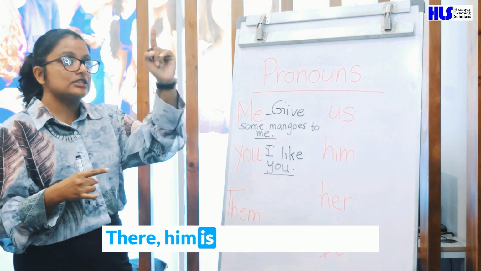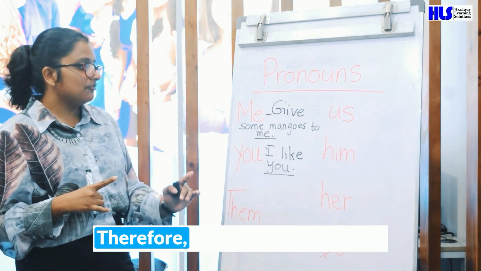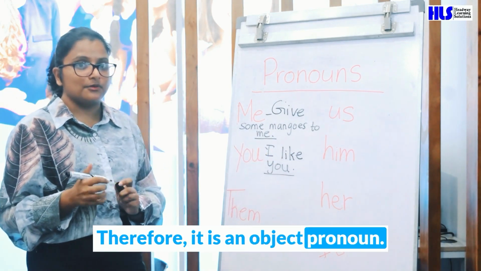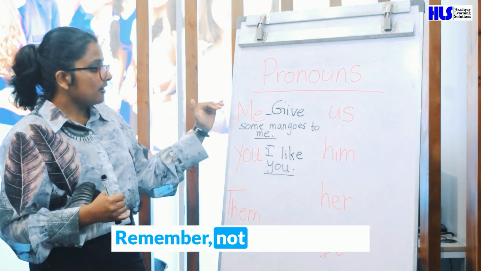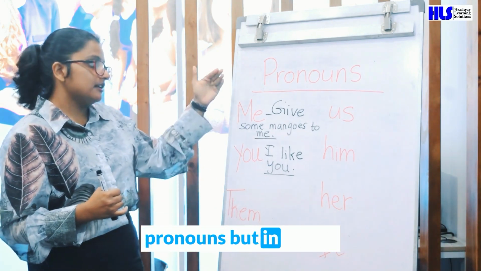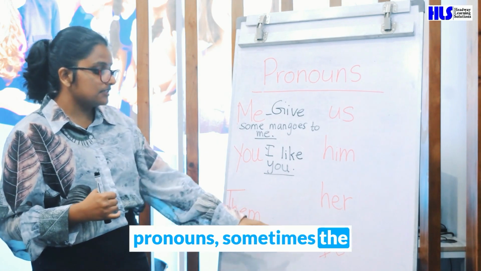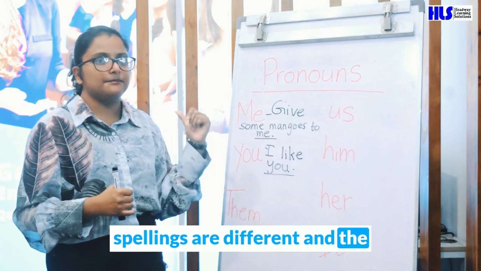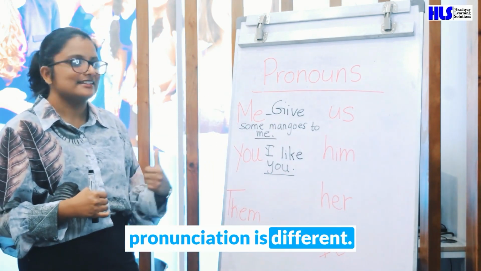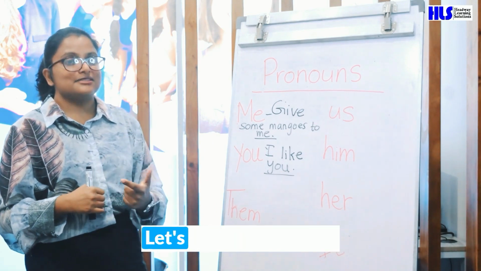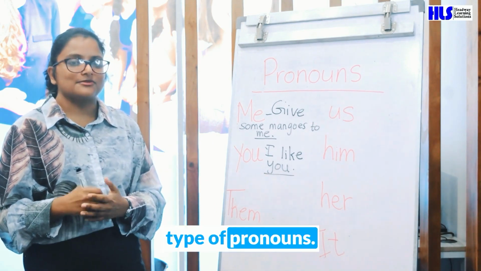There, him is located at the end. Therefore, it is an object pronoun. Remember, not like in subject pronouns, but in object pronouns, sometimes the spellings are different and the pronunciation is different. Try to locate them. Let's move to the third type of pronouns.